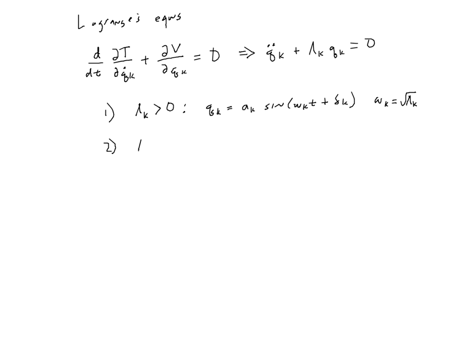And then the other possibility is that lambda k equals 0. And if lambda is equal to 0, then you basically have q double dot equals 0, in which case qk is just linear. And so it's just going to be some constant times time plus some other constant. And so these omega k are called the normal frequencies.